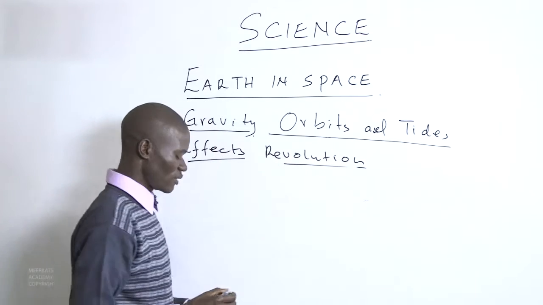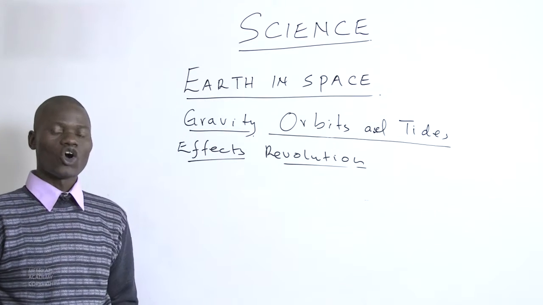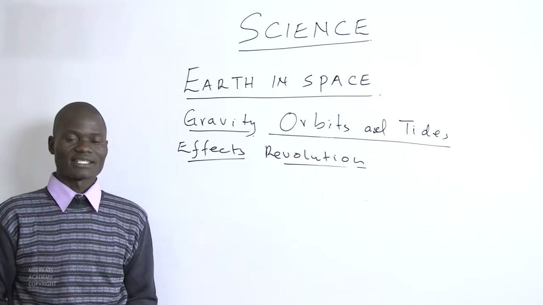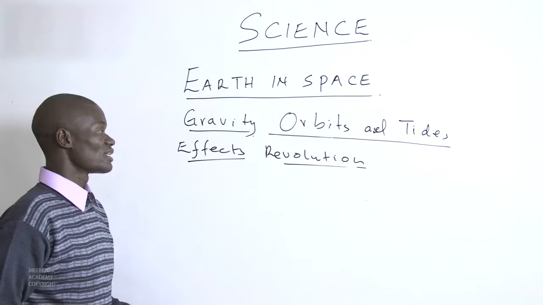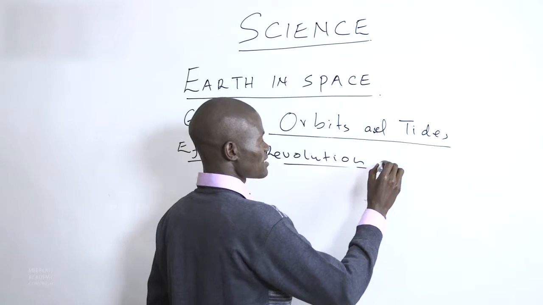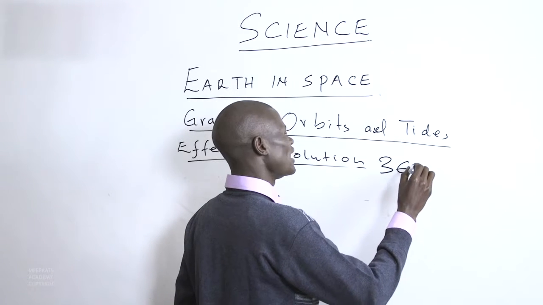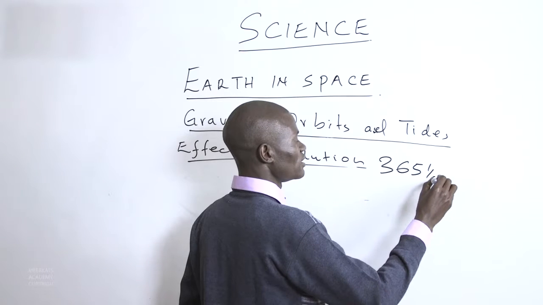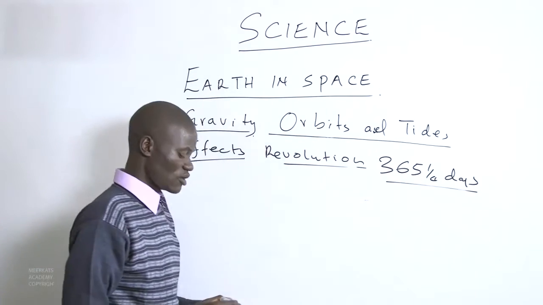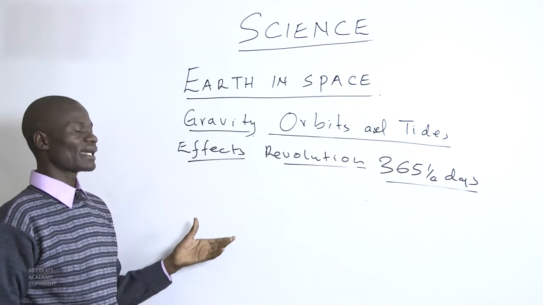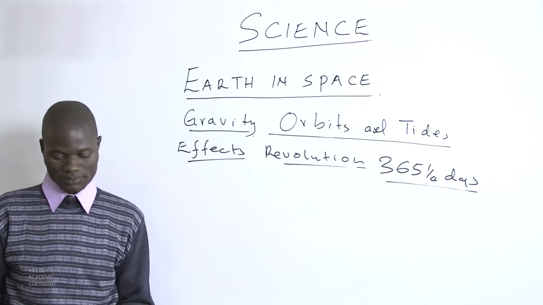As the Earth revolves around the sun on its own orbit, there are some effects that are felt on planet Earth. This revolution takes around 365.25 days. These are the number of days over which the Earth makes a complete revolution.